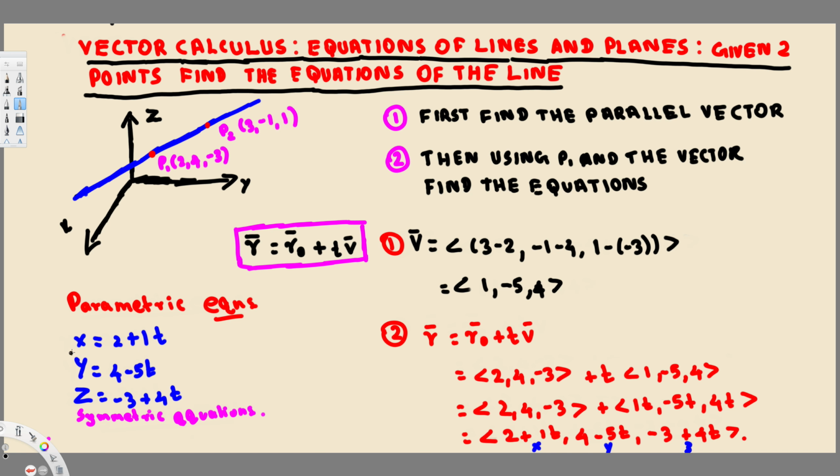If we rearrange this one for t, that's going to give us x minus 2 over 1, right? So x minus 2 over 1 is equal to, then for the second equation, that's going to be y minus 4 divided by minus 5. So y minus 4 divided by minus 5 equal to, if we rearrange for the third equation, that's going to give us z plus 3 over 4. So this is going to be z plus 3 over 4.